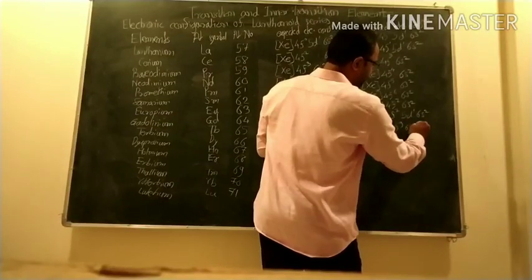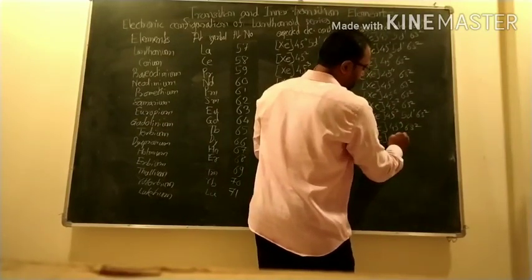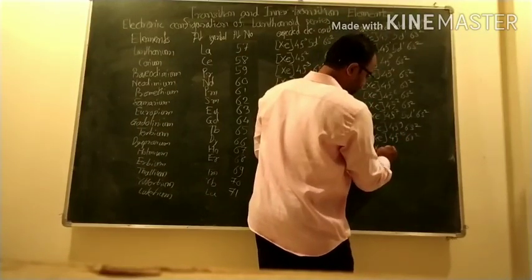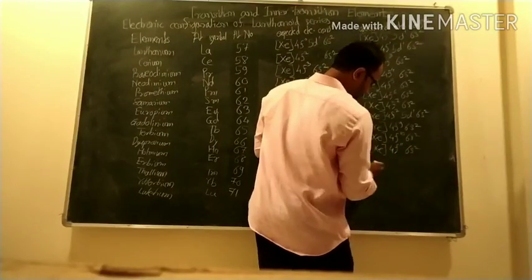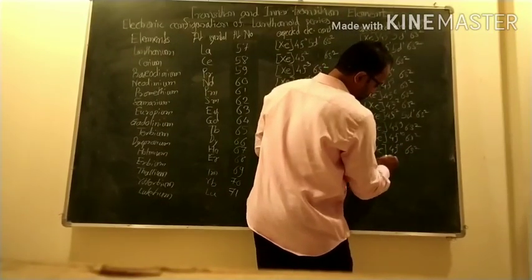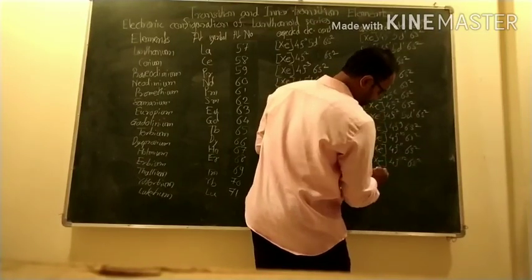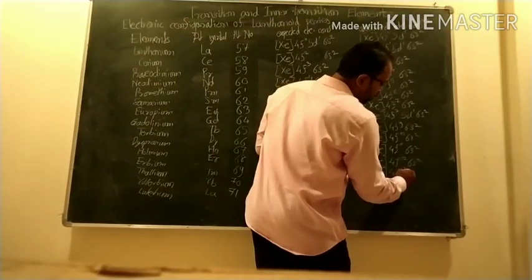After that, similar: 4f9 6s2, 4f10 6s2, 4f11 6s2, here no change.